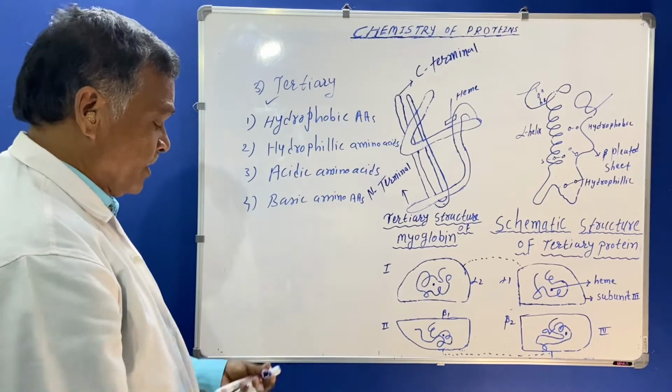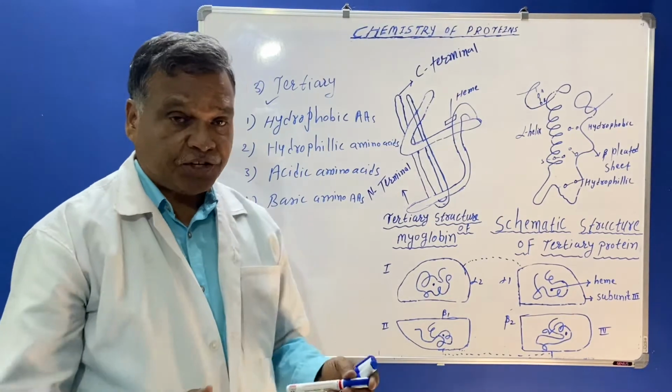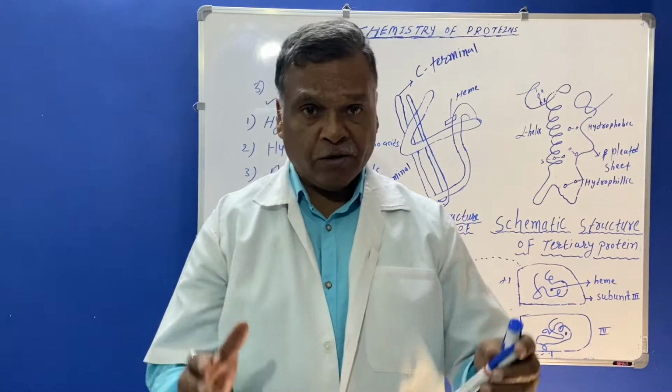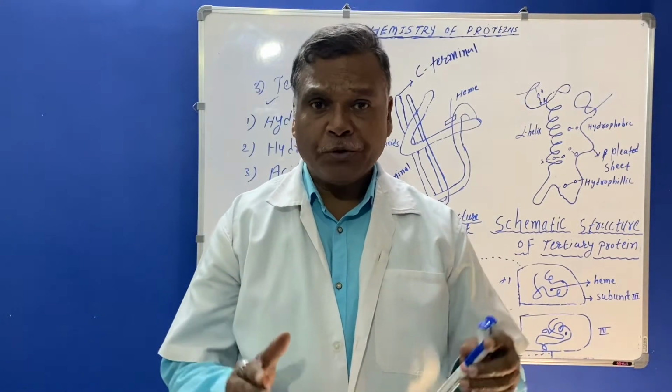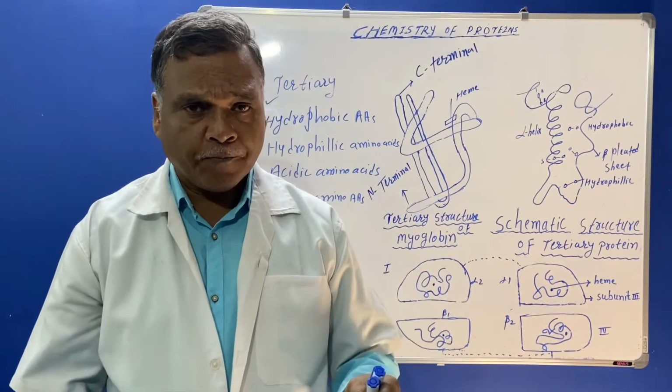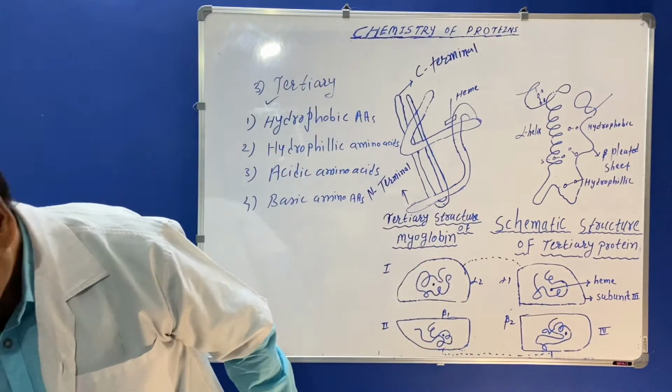Now here we'll see the tertiary structure of myoglobin. What is myoglobin? Myoglobin is a protein that belongs to muscle. Now we'll see the structure of myoglobin.